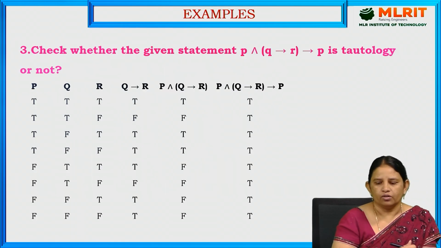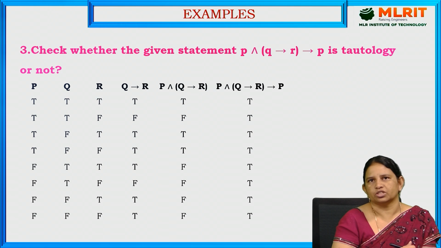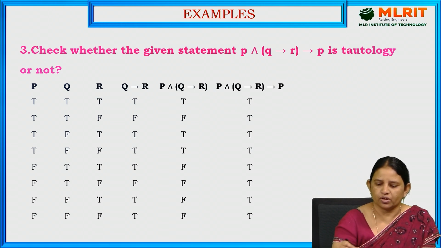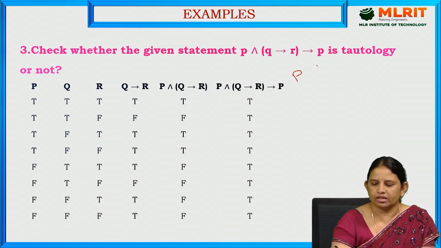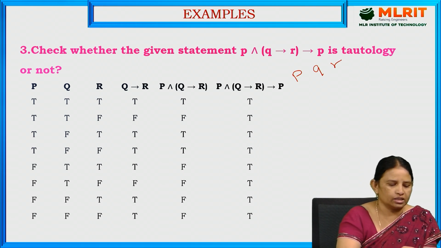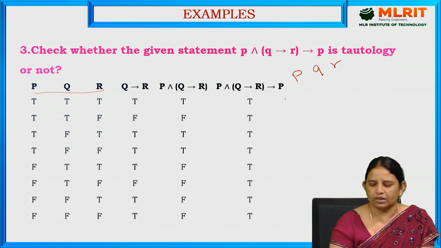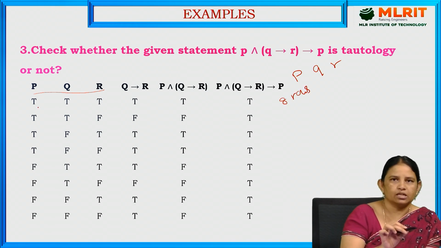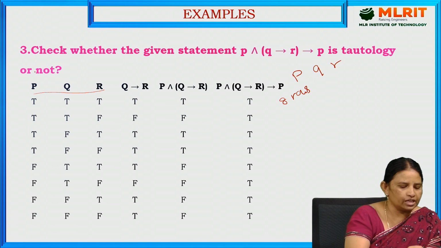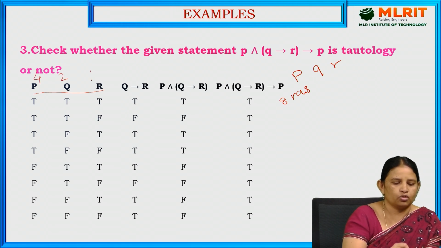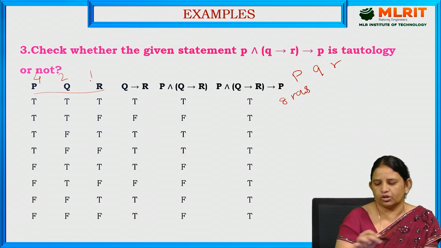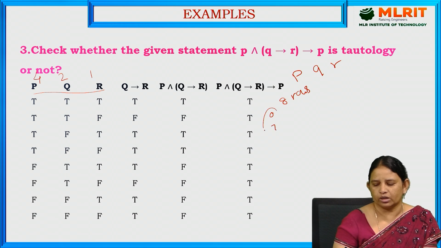Now take one more example with three propositions. One is P, another one is Q, another one is R. The number of rows in the truth table is 8. Please remember the first column is 4 to 1, since there are rows 0 to 7, a total of 8 rows.